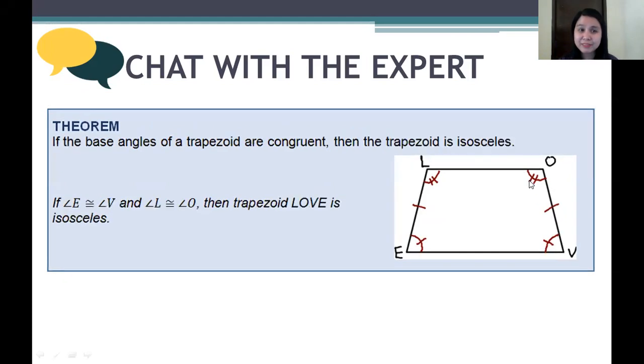And here's the converse of the theorem. If the base angles of a trapezoid are congruent, if L is congruent to O, and if E is congruent to V, then trapezoid LOVE is isosceles.